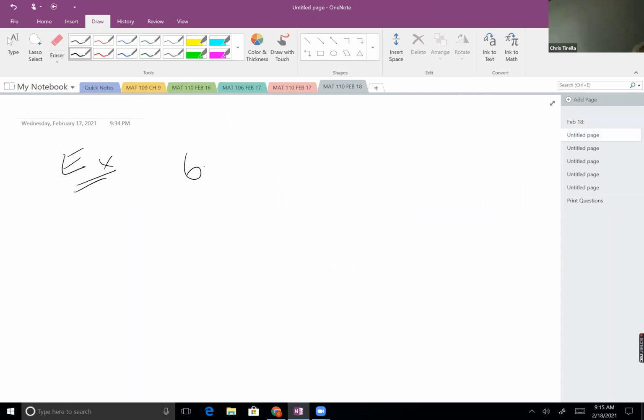I'm going to have 6 plus 1 over x over 5 minus 1 over x. And again, as I look at this, I see the numerator is made up of 2 terms. The denominator is made up of 2 terms.